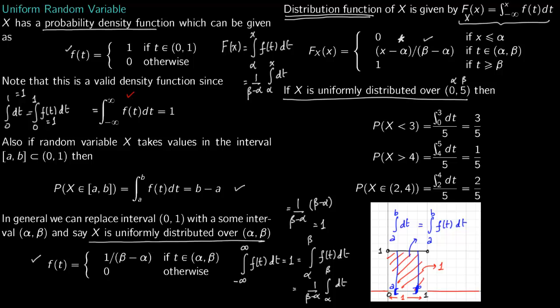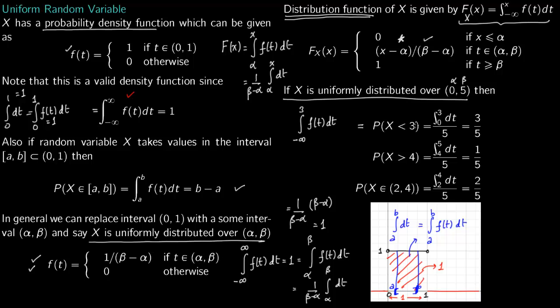Now I want to again give a reinterpretation of this. Probability of x is less than 3. What is this technically? Technically I have to use this formula, that is I have to use minus infinity to 3 f of t dt. But f of t is nothing but 1 over beta minus alpha in the interval from 0 to 5.